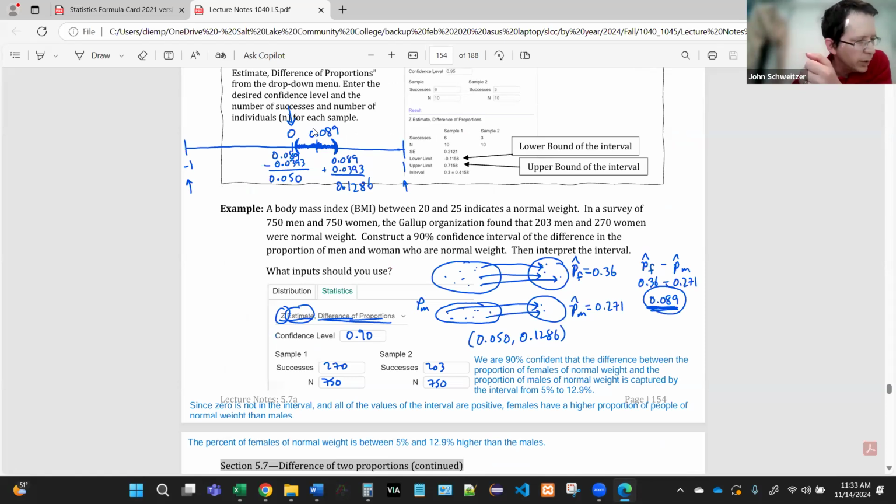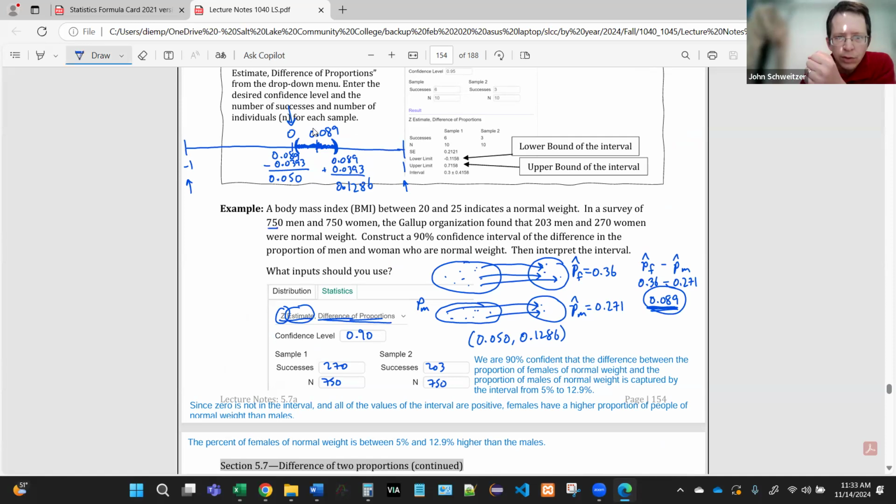We did one example, so we're just starting with 5.7. There's more to do here. We were looking at the relationship between gender and body mass index. The explanatory variable here would be gender, so that's a category.